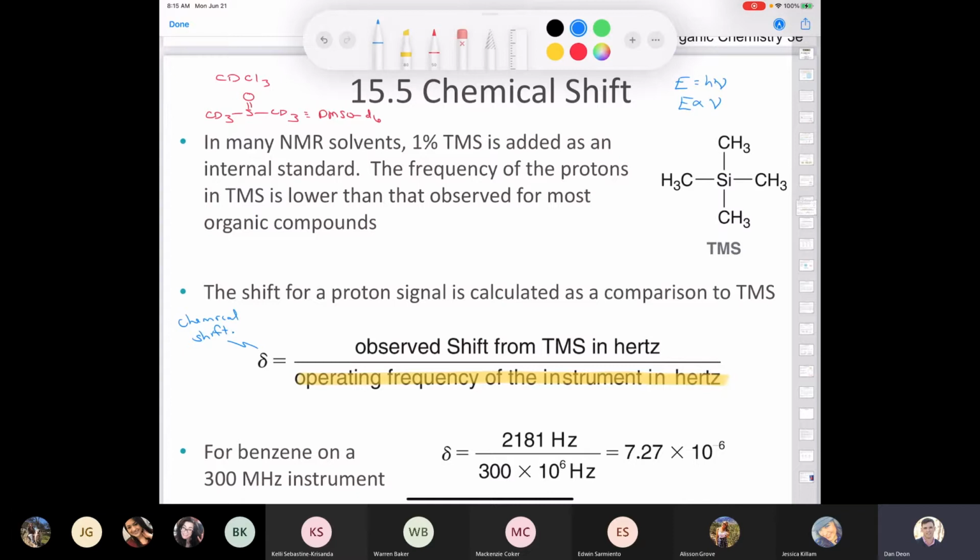So if we have a stronger magnet, we're going to need a higher frequency of electromagnetic radiation. So again, if we use around a 7 Tesla magnet, then we have to excite the sample, or pulse the sample, or subject the nuclei to electromagnetic radiation with a frequency of around 300 megahertz.